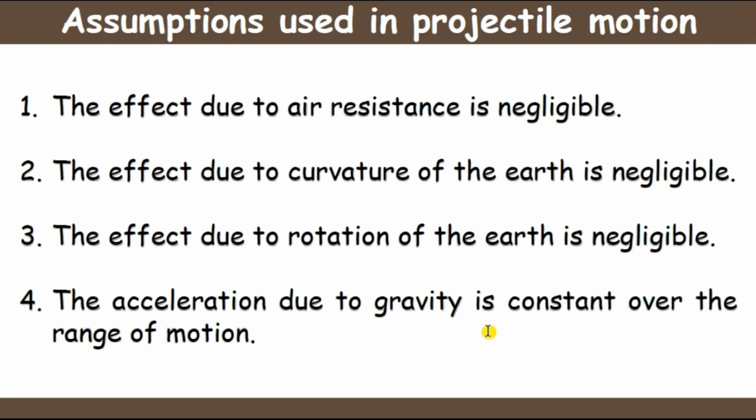This value will vary for sure with height, but the projected objects we deal with most of the time will not reach such a maximum height that there is a variation in the acceleration due to gravity. That is the reason why we take the acceleration due to gravity as constant. Could you understand?